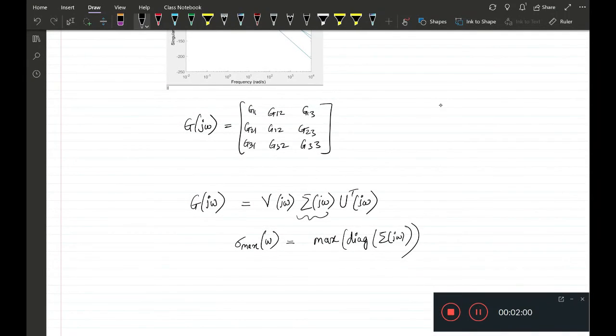So for each frequency we do an SVD and we get the maximum singular value.